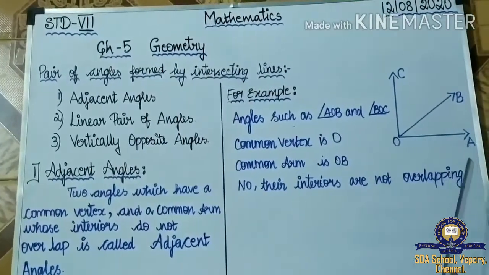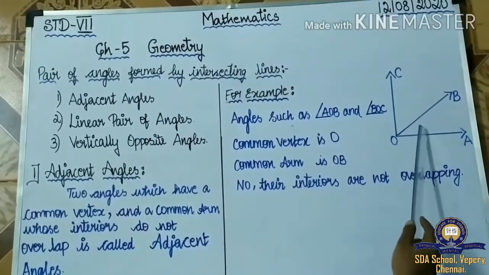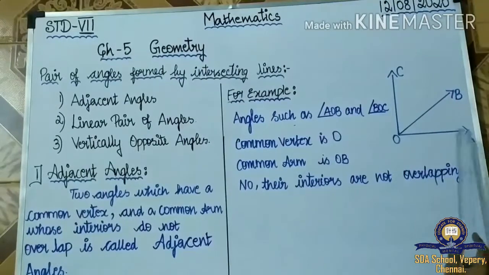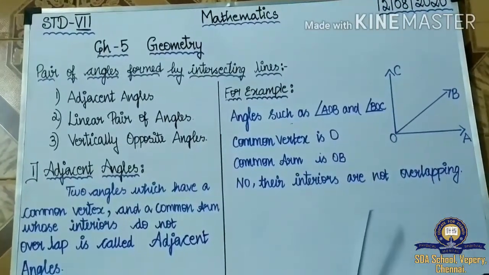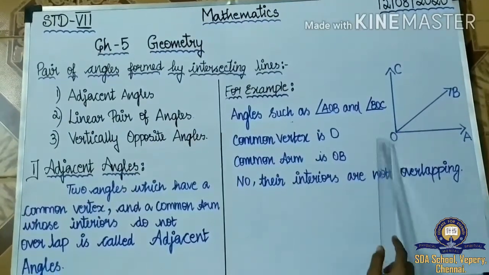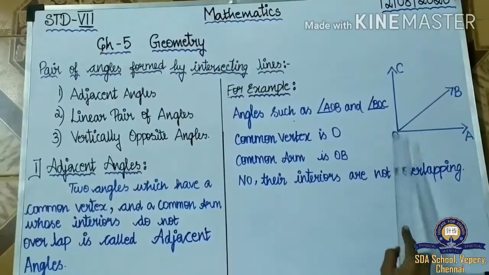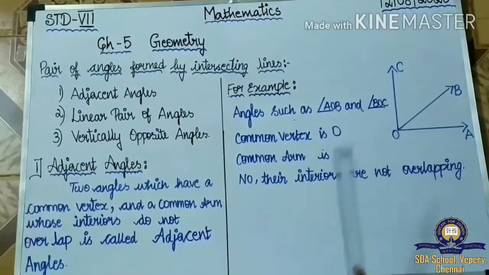Now, which angles are seen next to each other? Angles AOB and BOC are next to each other. Next, we want to find a common vertex for these angles.